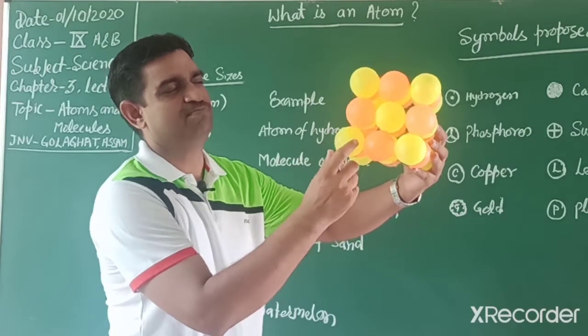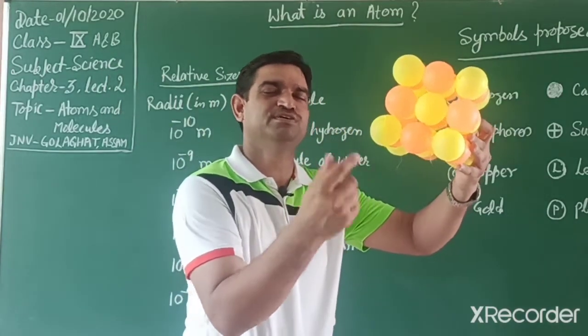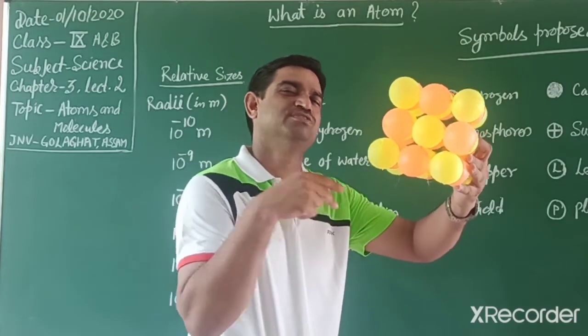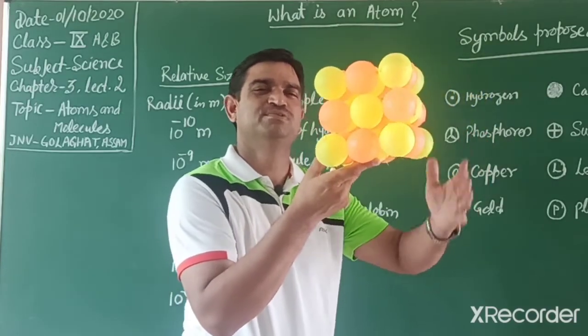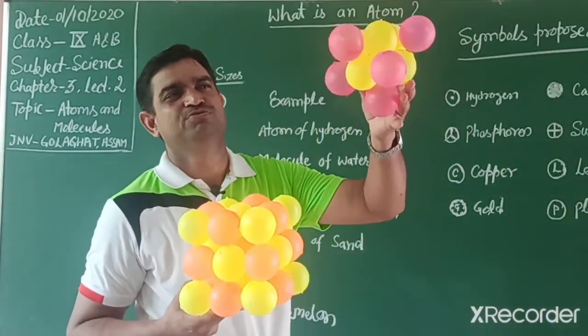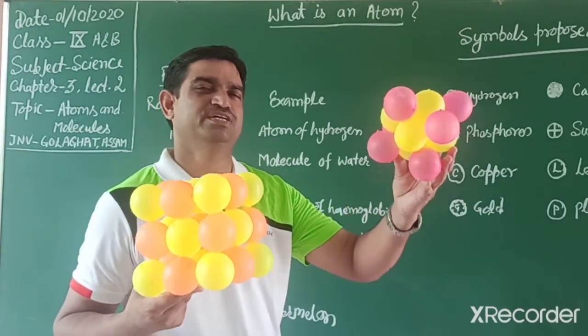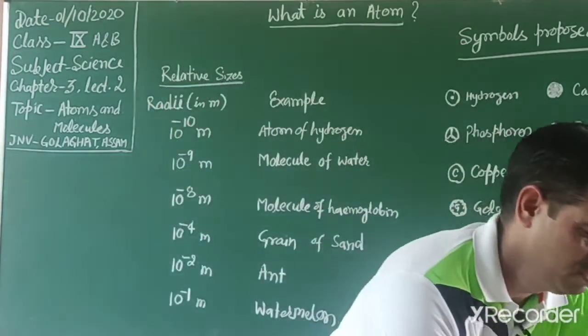So this is one atom, its building block. If we repeat it, we can prepare such a structure. Another model I can show you: these are the building blocks of matter, atoms.